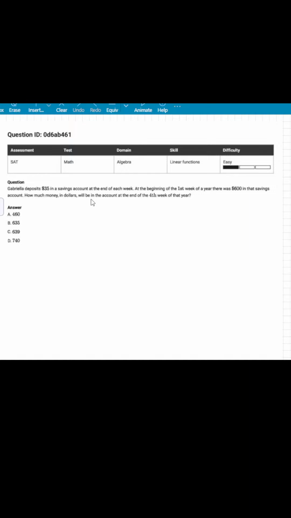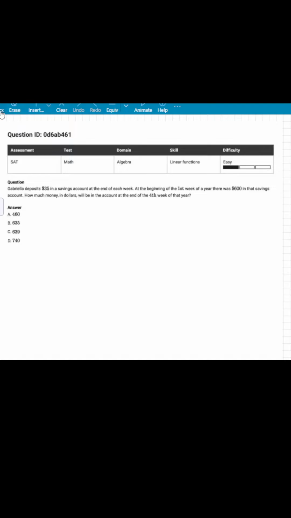So this is a simple addition problem. Every week $35 gets added to the account balance. Since 4 weeks have passed, we'll have 4 times 35 dollars getting added to the account balance.